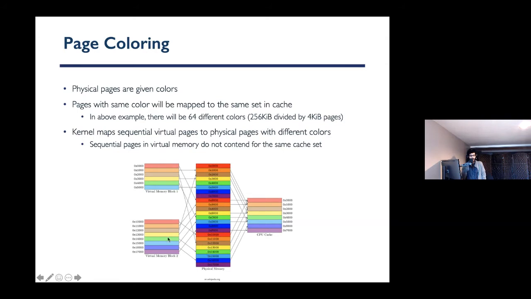Now, when I'm allocating memory to my application, so when the operating system is deciding how to do the mapping from virtual addresses to physical addresses, meaning that when you want to allocate physical memory to your application, when you see 2 consecutive virtual memory blocks, you want them to get different colors.